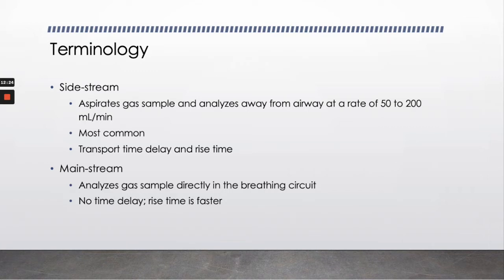The rise time is the time required for the analyzer to respond to a sudden change in the CO2 concentration. It is longer in the side stream because the gas still has to travel through the tubing, whereas with mainstream the gas doesn't have to travel anywhere, so we see a change in CO2 concentration a lot faster.